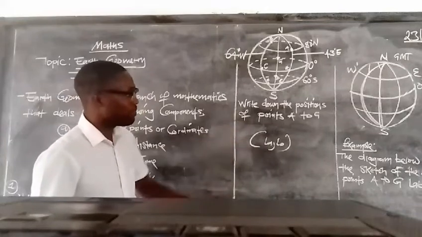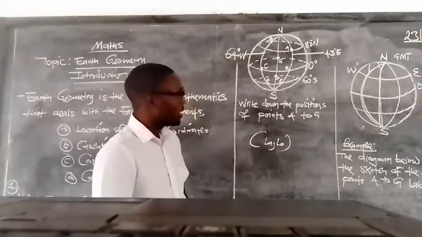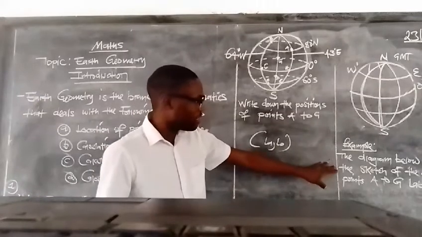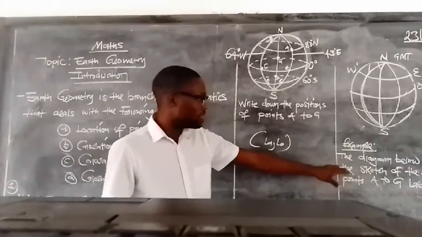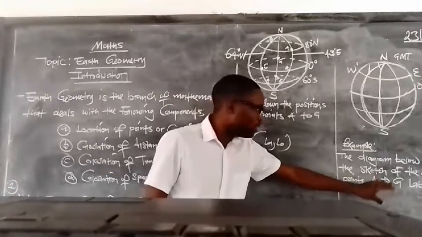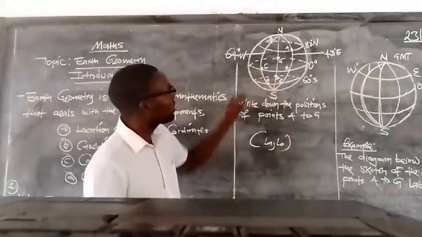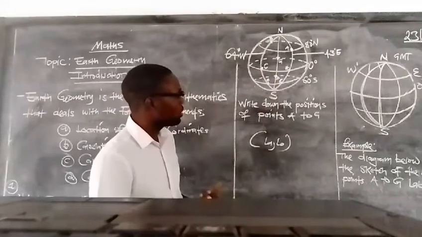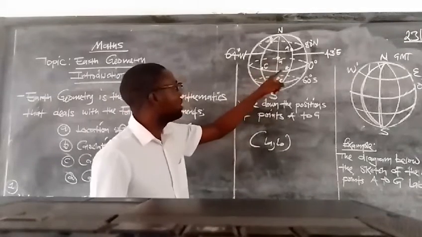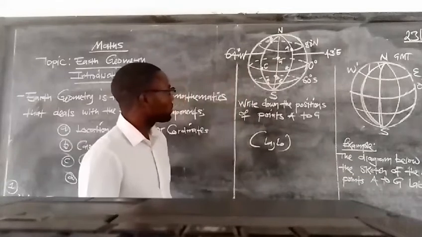Let's quickly look at the example that is there on the board. What is the example saying? The first question says, the diagram below shows the sketch of the Earth with points A to G labeled on it. So you are able to see that diagram with those points A, B, C, up to G labeled on it.